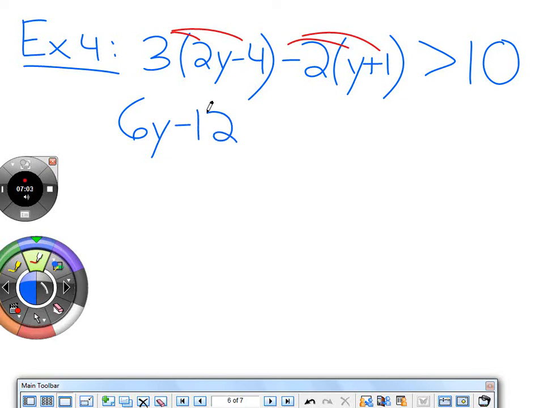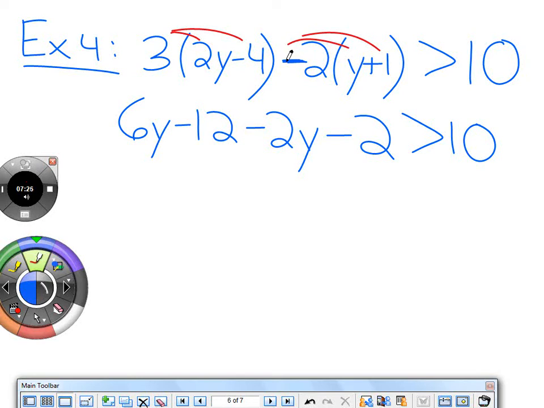And then negative 2 times y, so that's minus 2y. And then negative 2 times 1, that's minus 2. And then is greater than 10. This negative sign right here is the one that usually students will forget to distribute. So just got to make sure you do that.